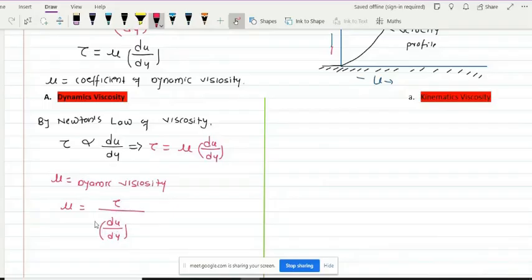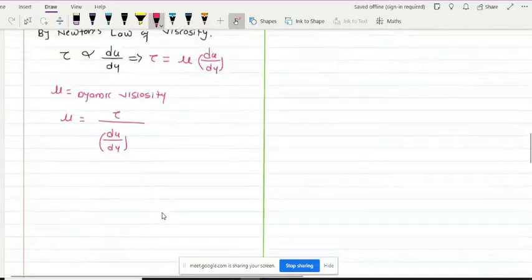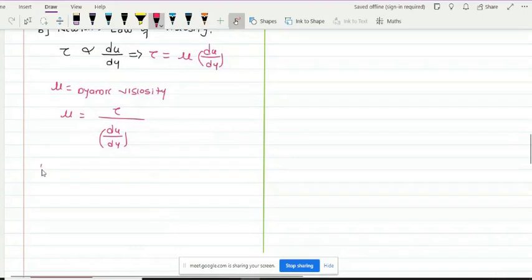What is the unit of mu? The unit of mu is Newton second per meter square.